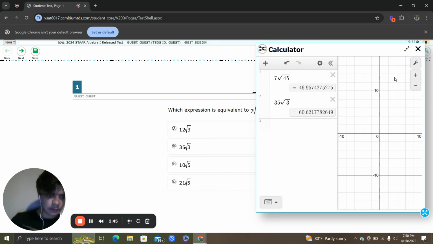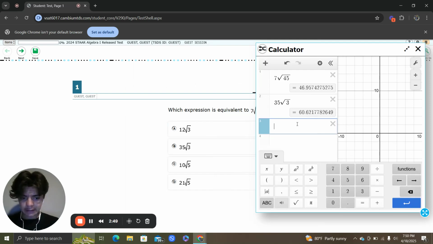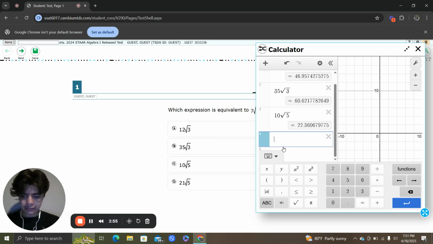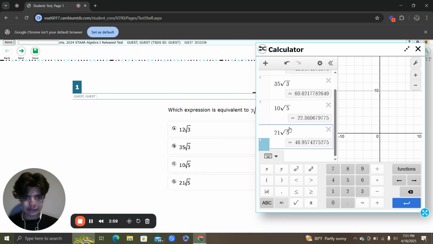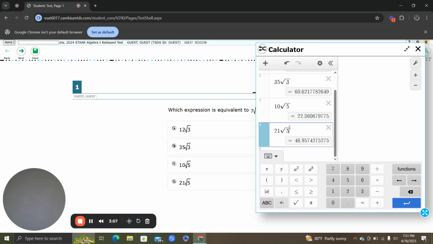How about this one? 10 to the square root of 5. And lastly, 21 to the square root of 5. So, yep, it is the last one. 21 to the square root of 5 is equal to 46.9. Sorry about that, guys.